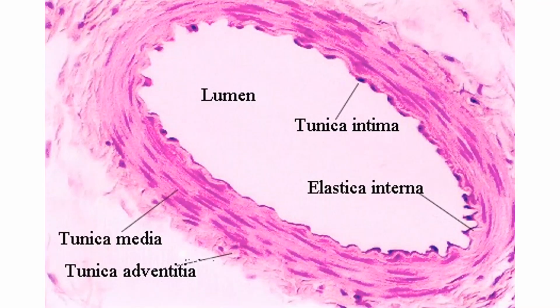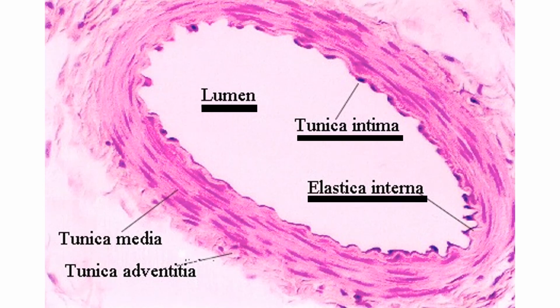This is the real thing. This is a histological section of an artery where you have a lumen, then you have tunica intima, and you can see that the line is pointing at the simple squamous epithelial nucleus.